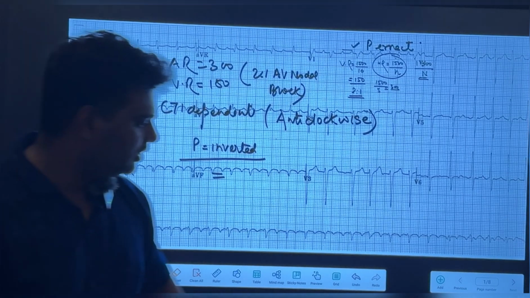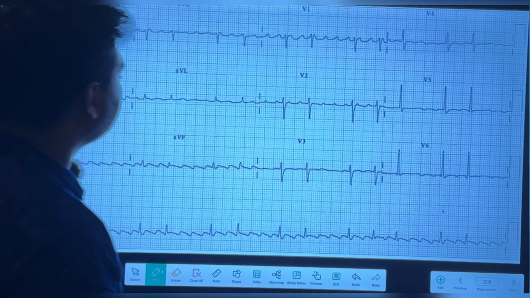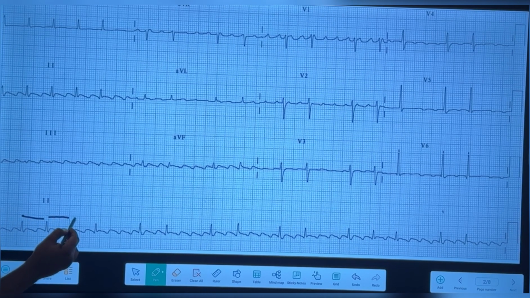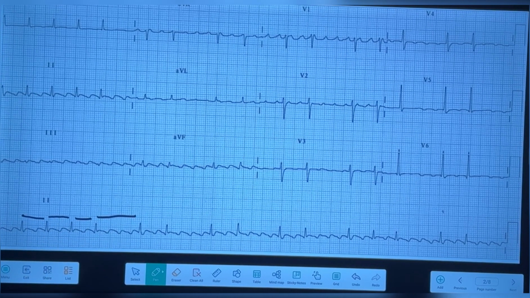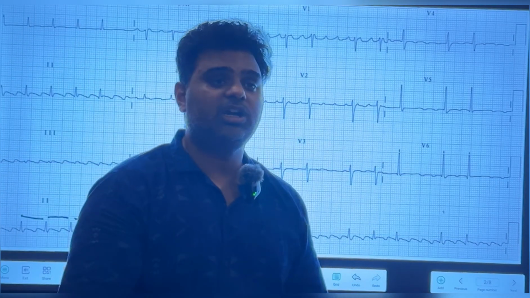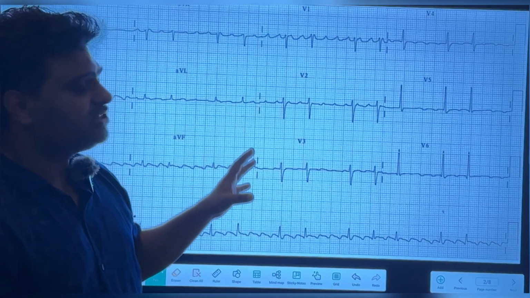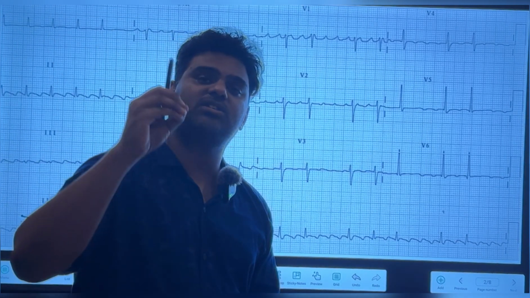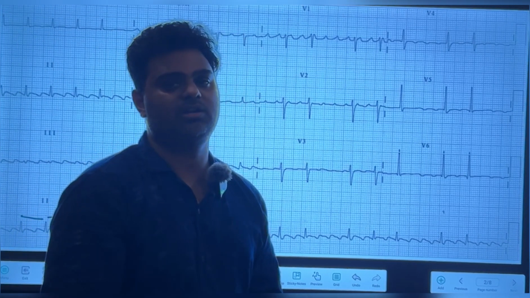Okay. Now coming to the next question. Again, we have this question. If you see the rhythm pattern, you will see that the RR interval is not the same. So most people will say that it is atrial fibrillation. But I have told you that if you see an ECG with an irregular QRS complex, never say it is atrial fibrillation just by looking at it.